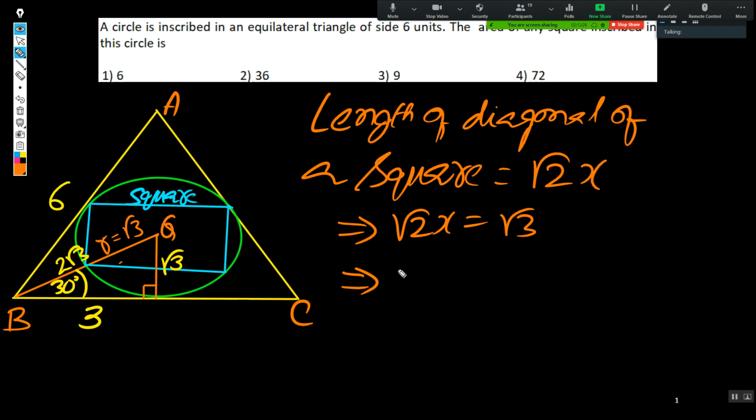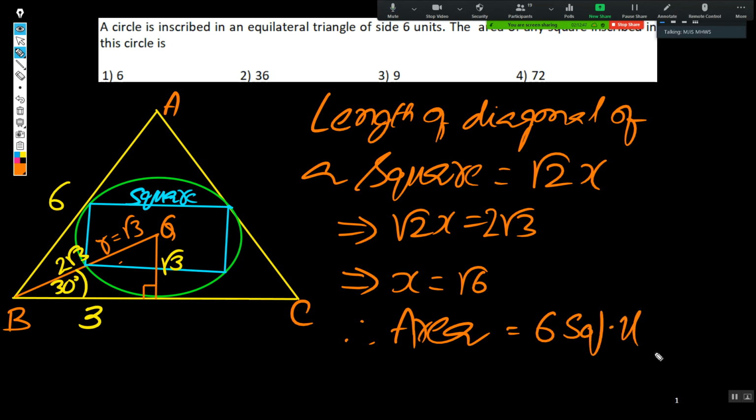So √2x is equal to √3, x is equal to √6. Therefore, area is equal to 6 square units. That's it. Six square units, please.